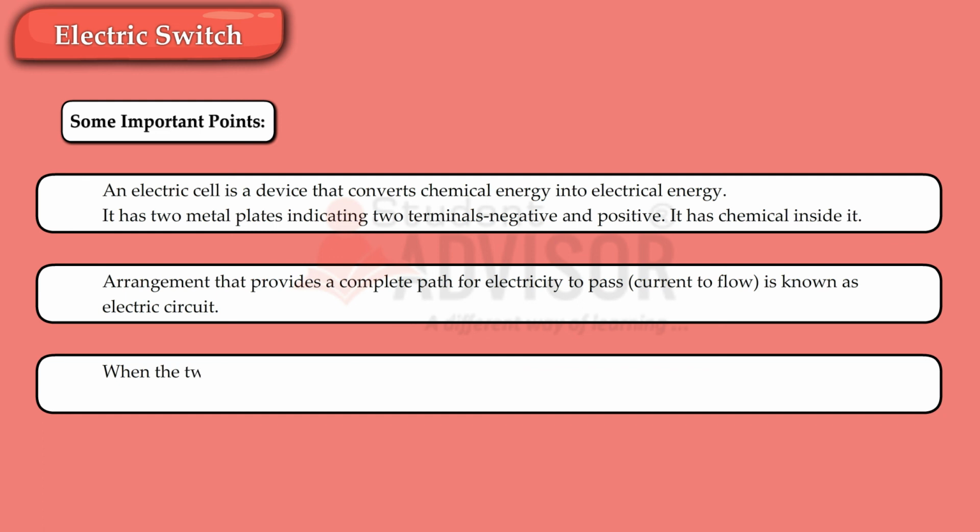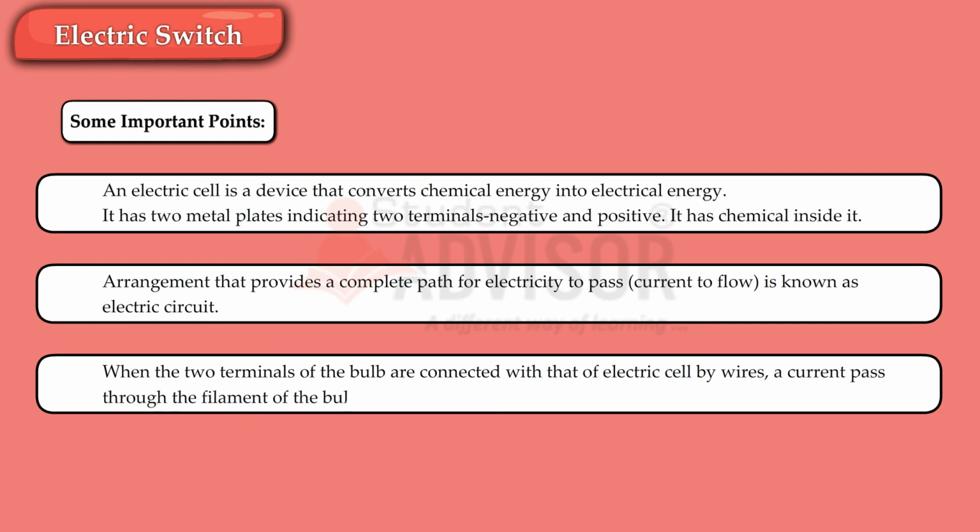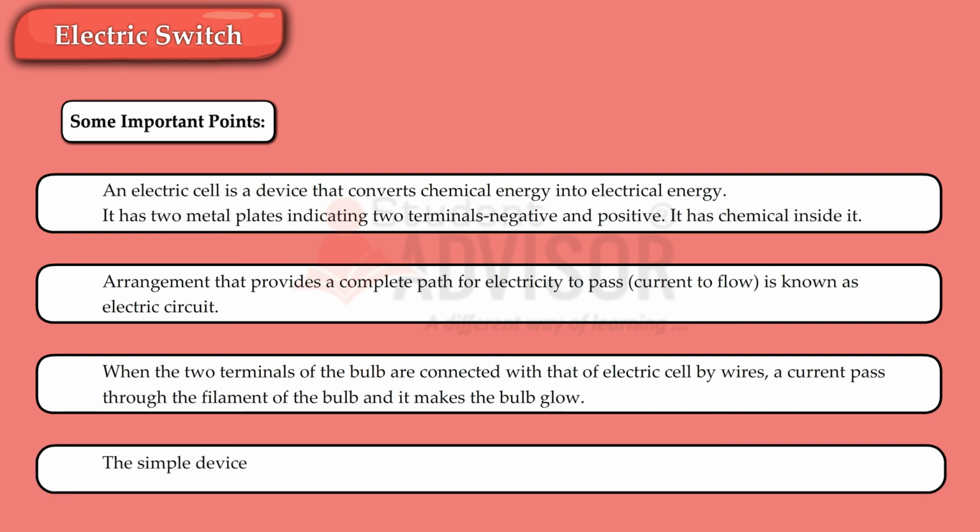When the two terminals of the bulb are connected with those of the electric cell by wires, a current passes through the filament of the bulb and it makes the bulb glow. The simple device that either breaks the circuit or completes it is called a switch.